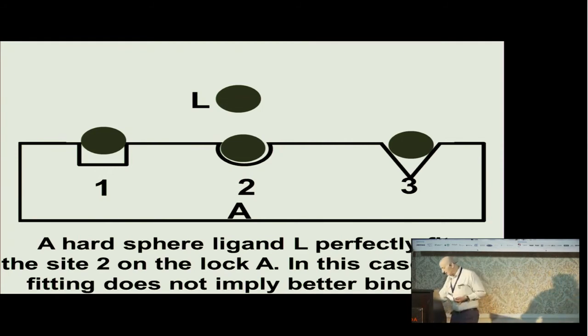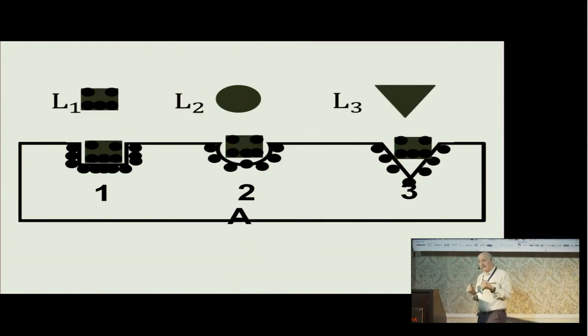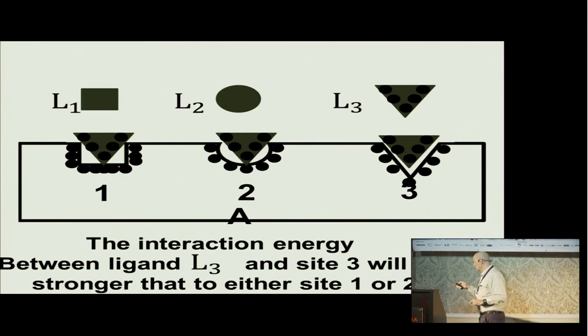When we say lock and key, we mean that there is maximum direct interaction, I mean, between groups on the ligand and groups on the protein. So we have maximum interaction between, let's say, this ligand with this site, and similarly, maximum interaction between this ligand and this site.